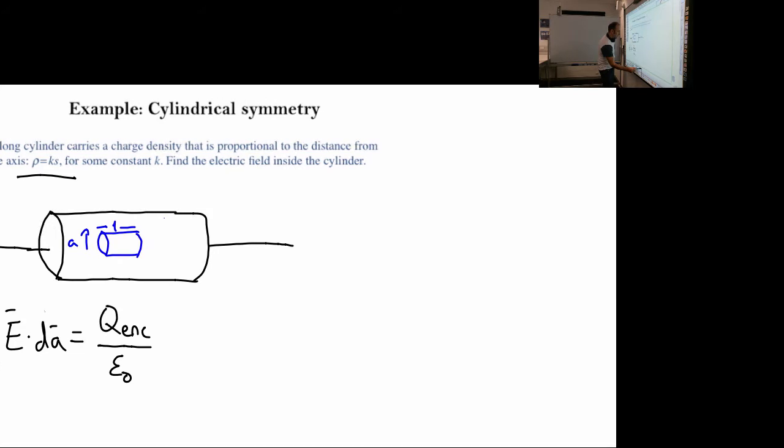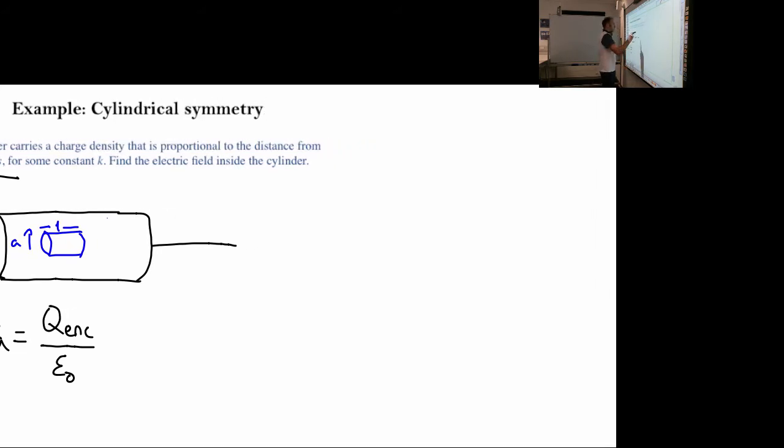So what we know is the total charge enclosed can be obtained by integrating the charge density rho over the volume. Okay, so here we have our volume integral of rho d tau.